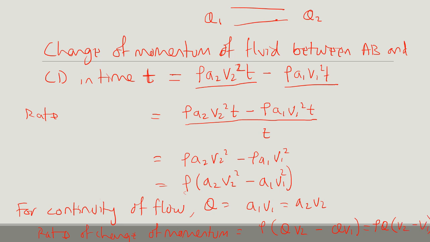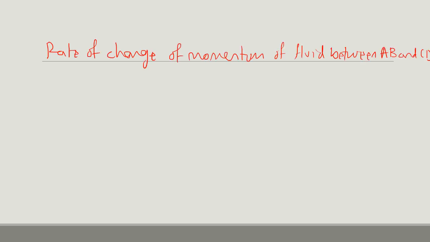We can still simplify this further, and let me get a clean slide. So rate of change of momentum of fluid between AB and CD will be equal to rho Q (V2 minus V1), as we got in the equation before.